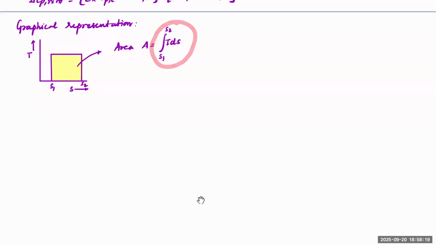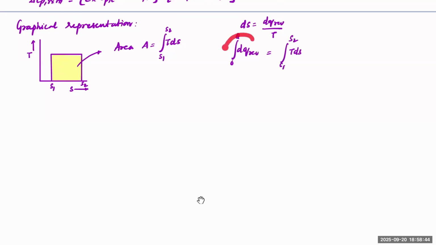Isn't it the heat? We know that dS is equal to dq reversible by T. So if you integrate dq reversible from 0 to q, that will be equal to the integral of T dS from S1 to S2. So basically what we are getting is the heat.